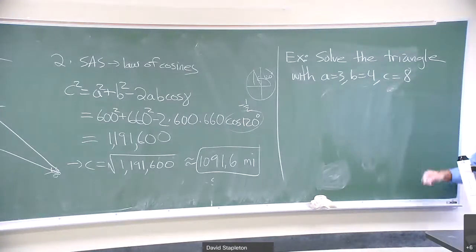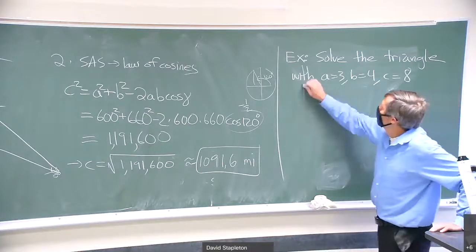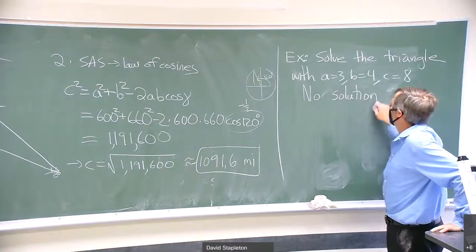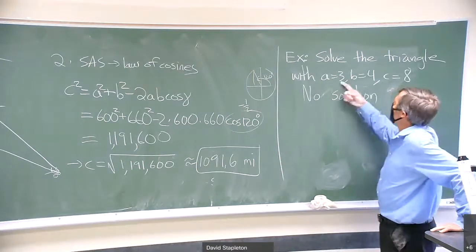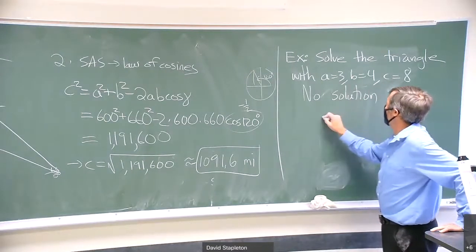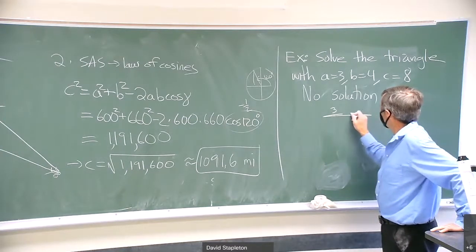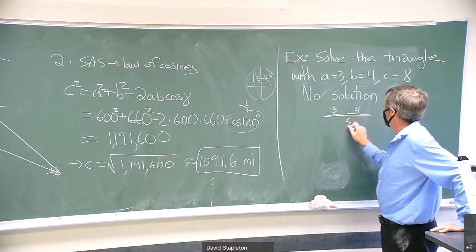How about this one? This is the easiest one yet. You get this in your test, you write down immediately, no solution. How can that be? In the side, side, side case, always check this. Draw the picture. Here's 3. Here's 4. And here's 8.